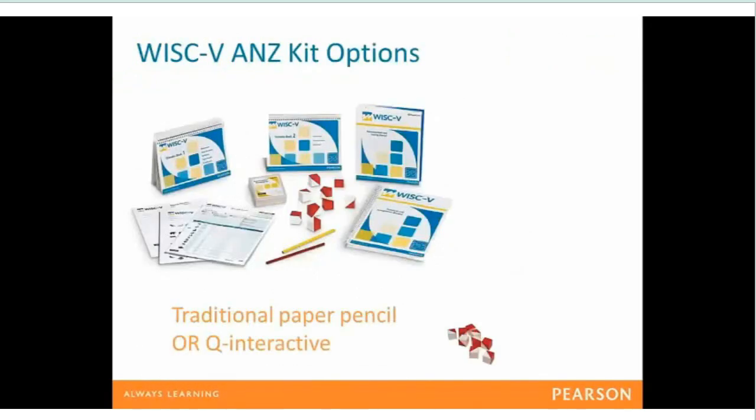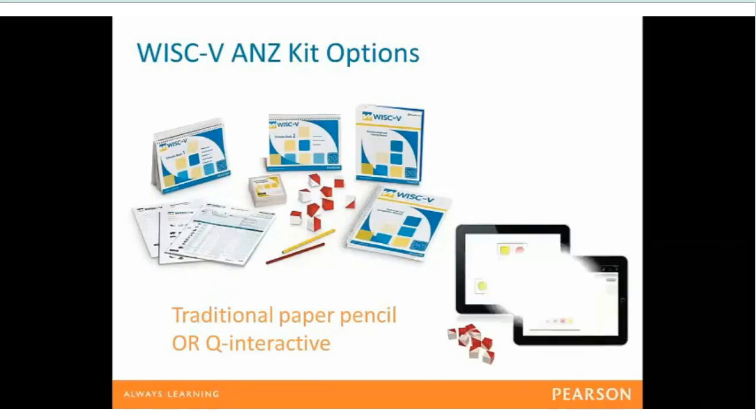We still have the traditional WISC-V A&NZ kit, and many people are still using the paper pencil administered kit. We do, however, have more digital-based options, which are iPad-based WISC-Vs. And the WISC-V on iPad is on a platform called Q Interactive, where the Q Interactive app is downloaded from the Apple App Store and loaded onto 2 iPads that communicate together.